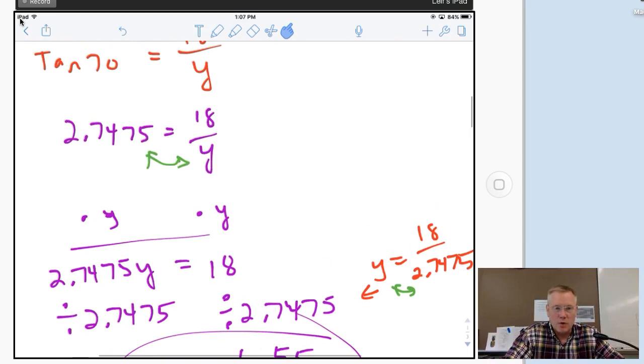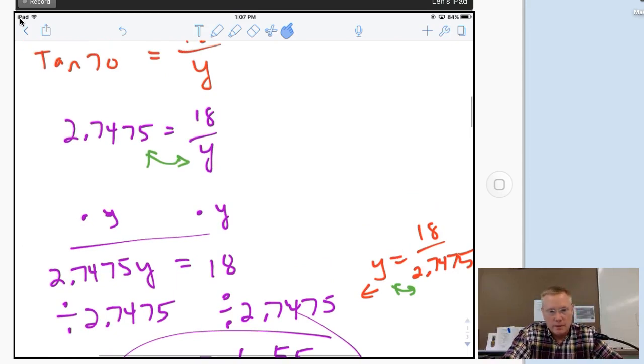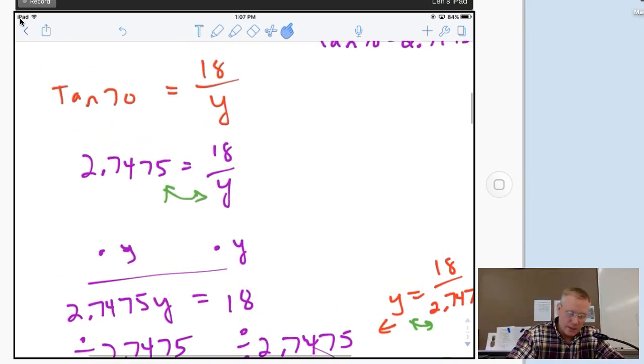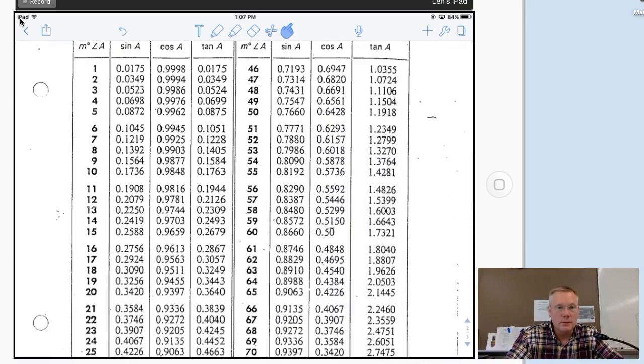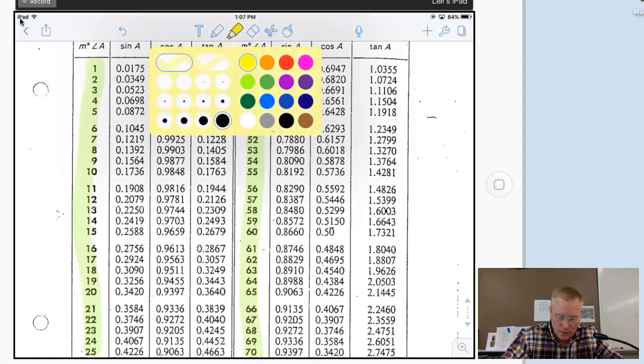I also thought I'd take a moment and show you what a trig table is for those people who don't have a scientific calculator. If I was looking, for example, for the tangent of 70, this is a trig table. I know they look like this. This is what we had to use when I was in school. Tangent of 70. So these are your angles going down here and here, okay? And then I look for the appropriate column.